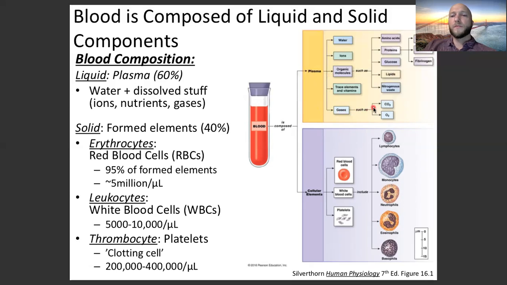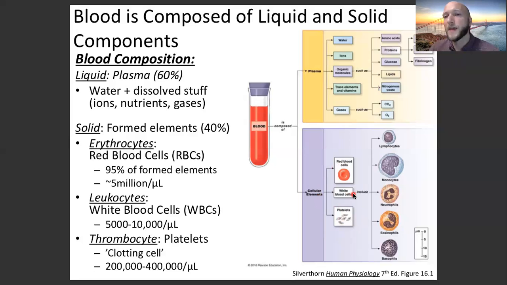Gases, we usually talk about CO2 and O2 when we talk about the dissolved gases. The organic molecules are going to be your amino acids, your proteins, your glucoses, your lipids, nitrogenous waste. For the cellular elements, or the formed elements, we're going to have our erythrocytes, or red blood cells, our platelets and our white blood cells.